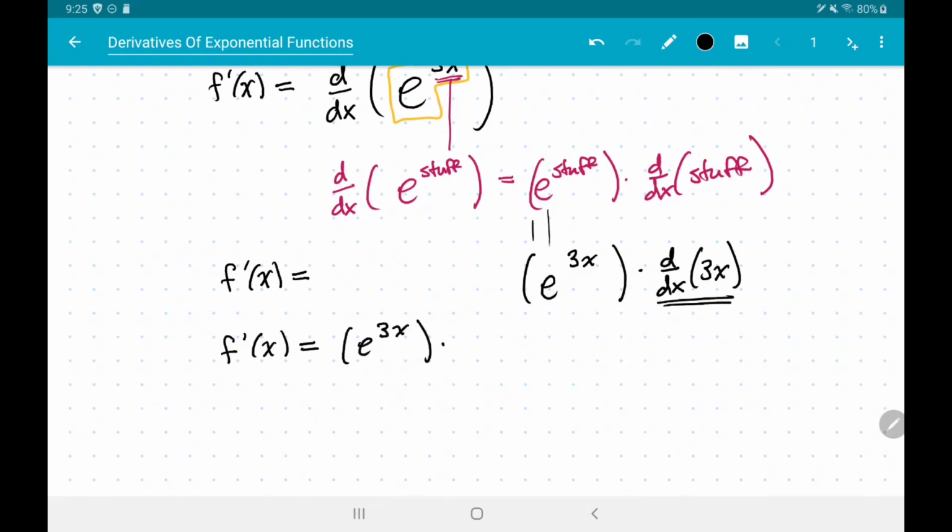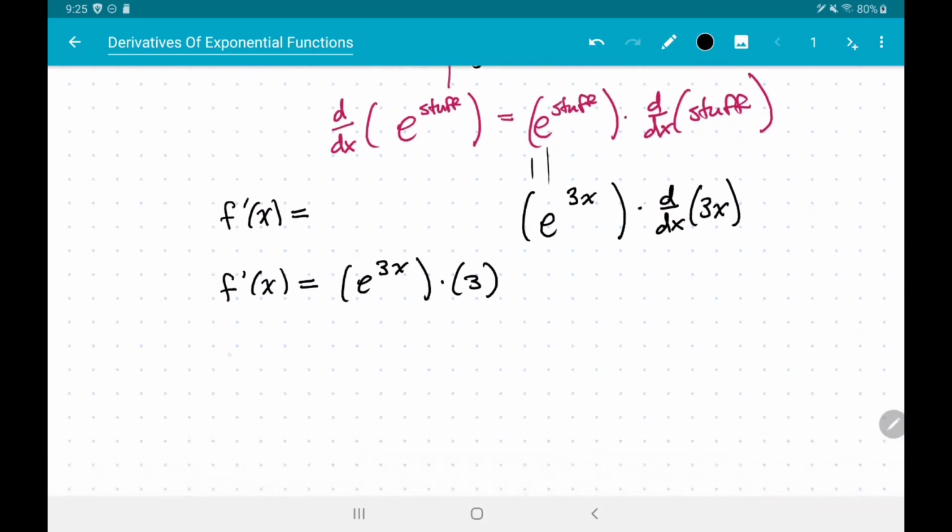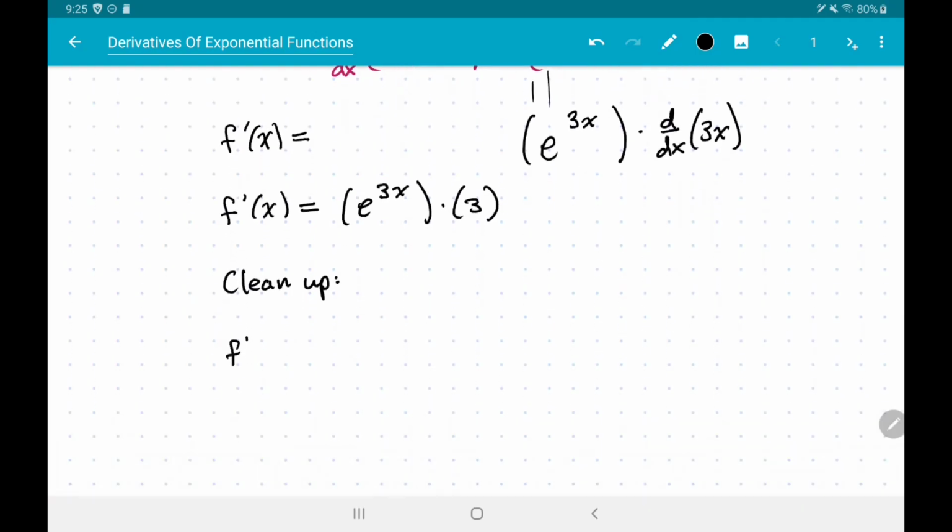Well, derivative of 3x, what do you think that is? 3. Okay? And for basically aesthetic reasons, it's typical to put the factor of 3 on the left and write this as 3 e to the 3x.